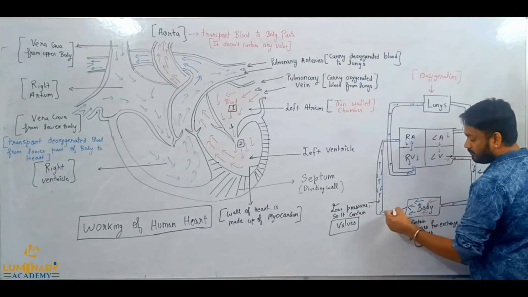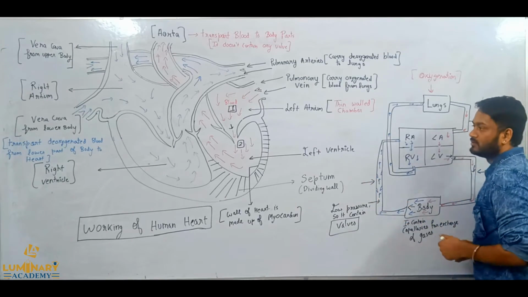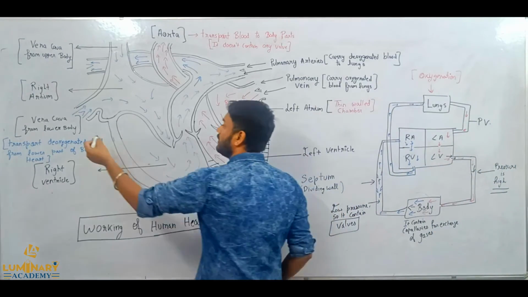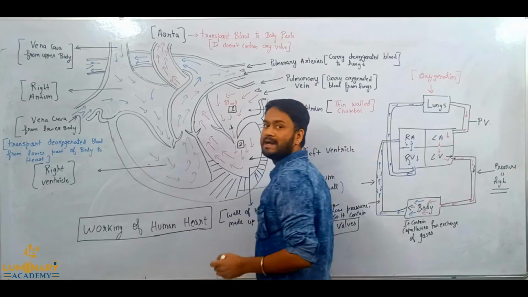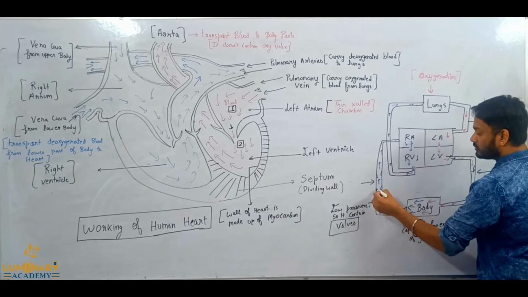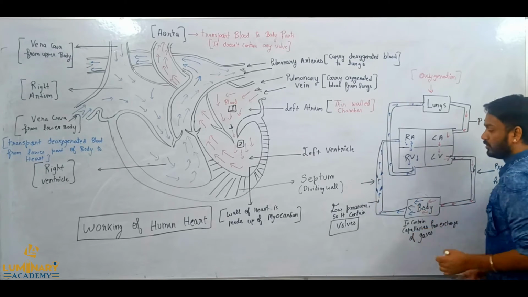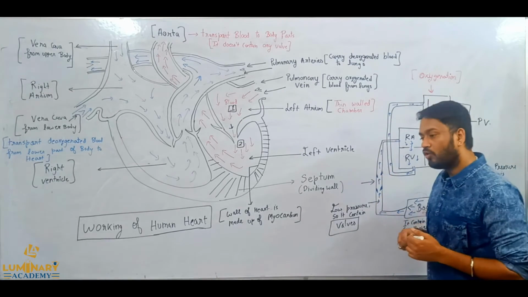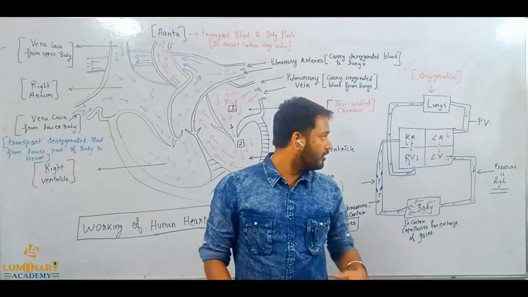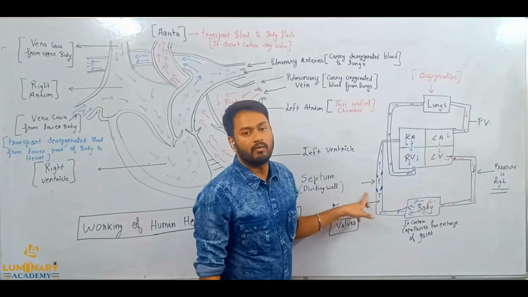So this blood then goes to the vena cava. This is called the vena cava, from where the deoxygenated blood enters the heart. But there are some valves, which I can show you with the black pen. Why are these valves not in the aorta, but in the vena cava?